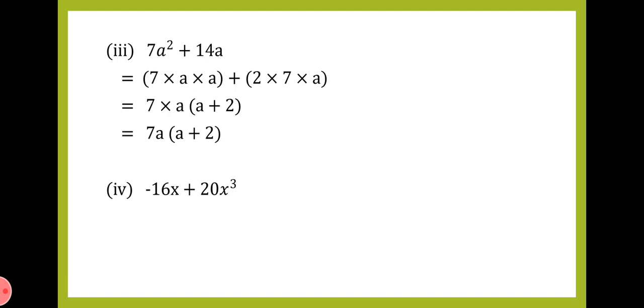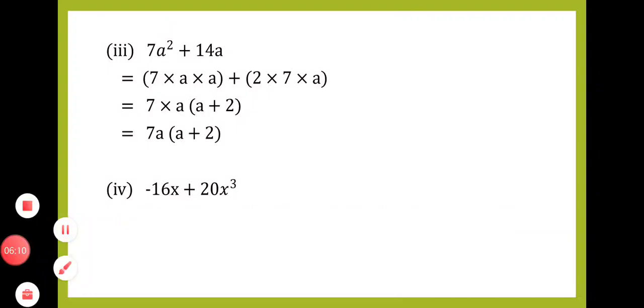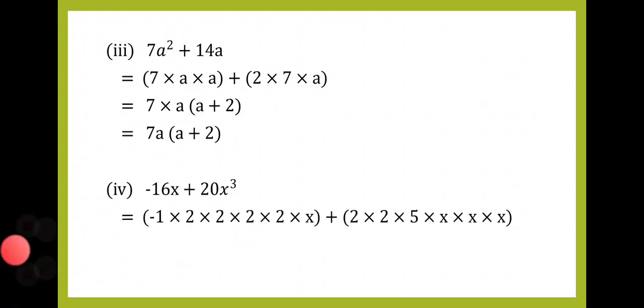Now the factors of both the terms separately. First, the factors of minus 16x, that is minus 1 into 2 into 2 into 2 into 2 into x.